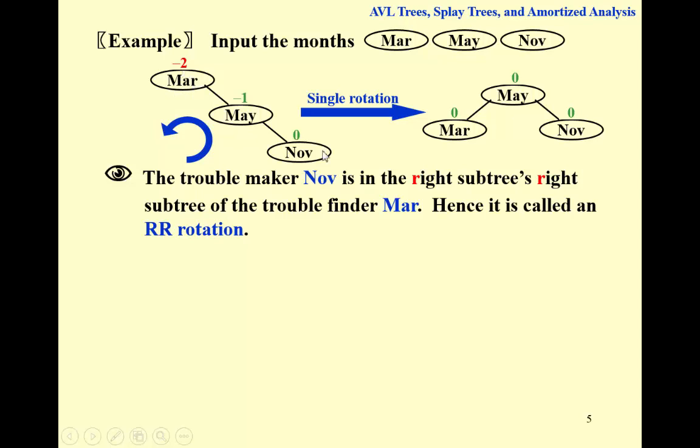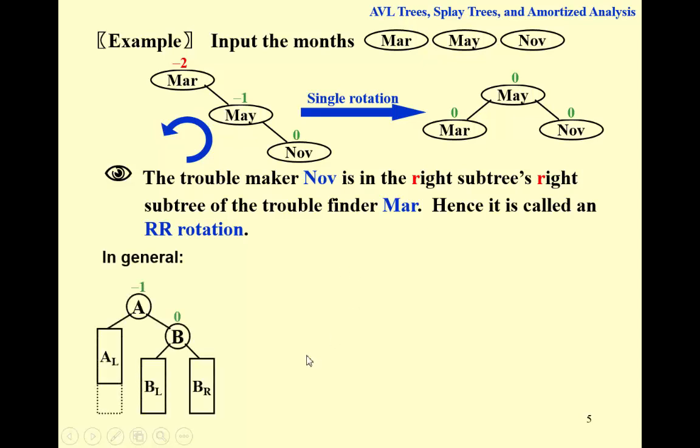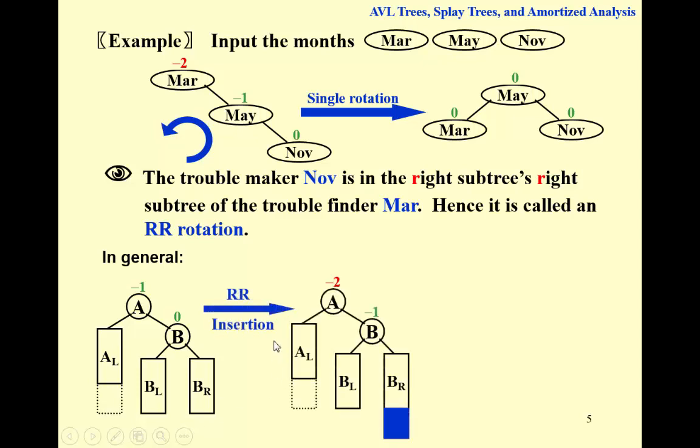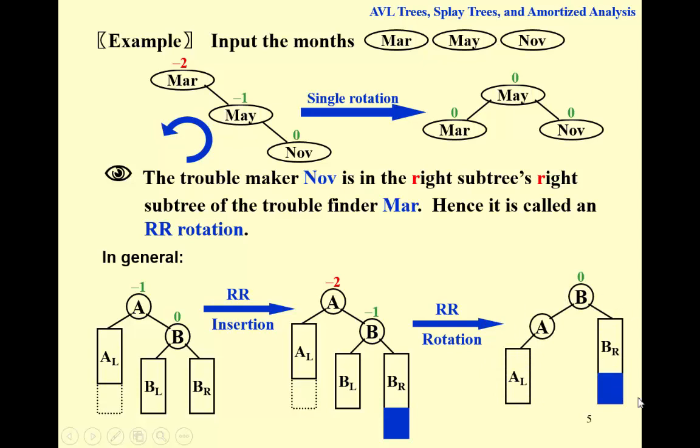And because the troublemaker is in the right subtree of the trouble finder, this is called an RR rotation, right, single rotation. In general, before the insertion, if we have this situation, and then we make an RR insertion, this is going to be the result of RR rotation.